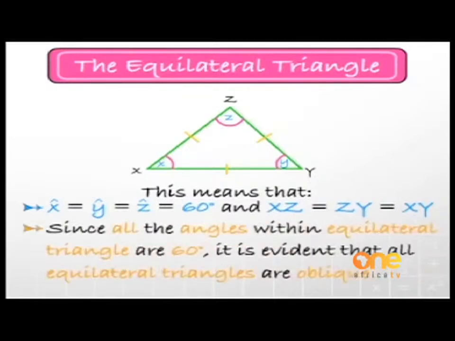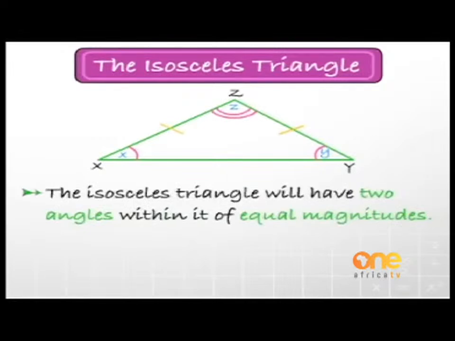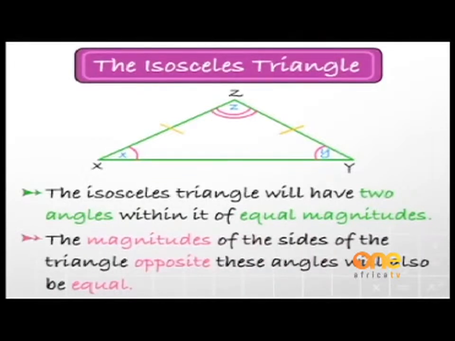Since all the angles within an equilateral triangle are 60 degrees, it is evident that all equilateral triangles are oblique triangles. Number two, the isosceles triangle. The isosceles triangle will have two angles within it of equal magnitudes. Consequently, the magnitudes of the sides of the triangle opposite these angles will also be equal.